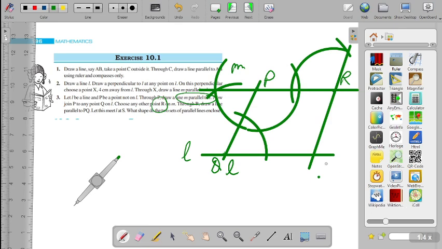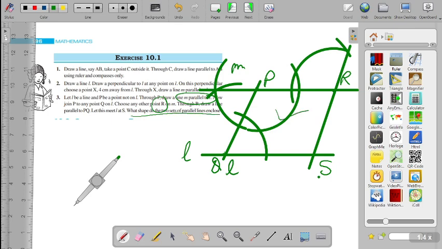So the point of intersection, this is S. We can name it as S. Let me draw here S. Okay. So in this way we get a figure. Now what is it saying? What shape do the two sets of parallel lines enclose?